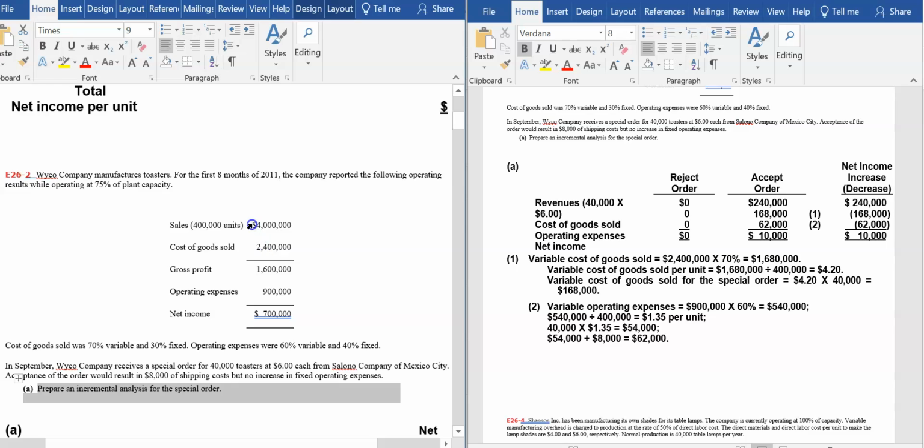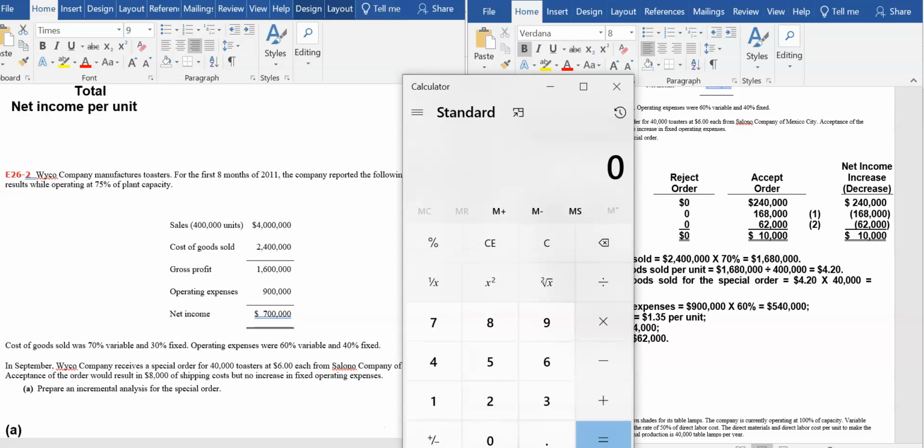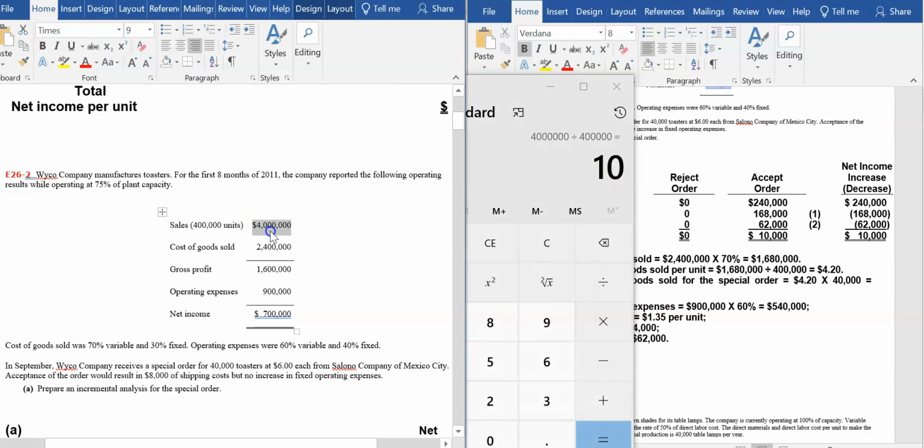At first glance, if we take a look at the current selling price, their normal sales are $4 million when they sold 400,000 units. They normally sell each unit for $10 a piece. This customer is offering to buy them for $6 a piece.